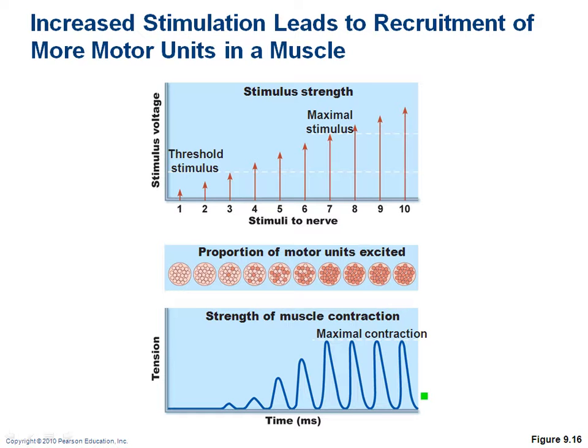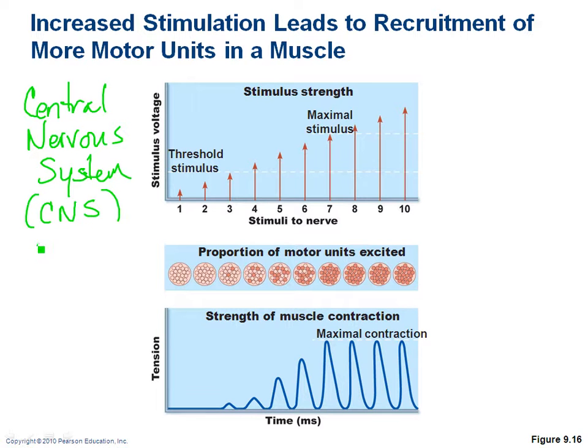The brain, or your central nervous system, your CNS, controls this. Usually it's the brain, but when you learn about reflexes in Unit 4 on the nervous system, some of your muscle contractions don't involve the brain. They're actually controlled by neurons located within the spinal cord itself.